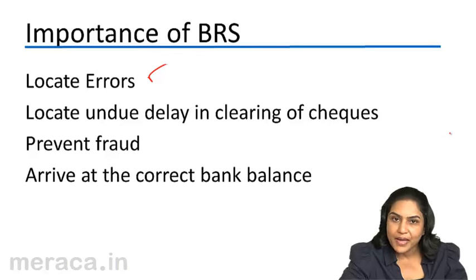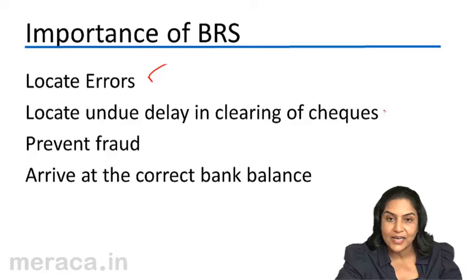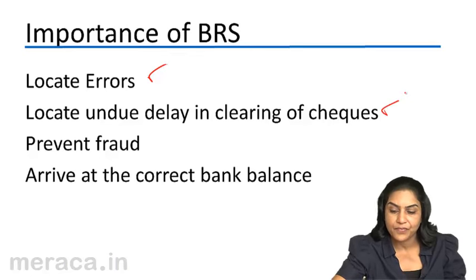When we prepare a bank reconciliation statement, we identify such checks which are held up in clearing, and if there has been an undue delay, we are able to locate the same and try to ascertain the reasons.